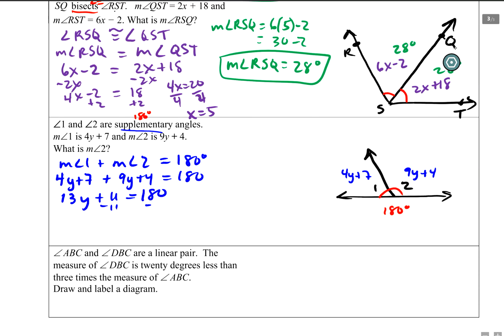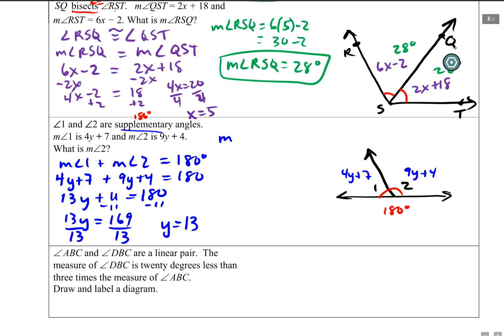Subtract 11: 13y equals 169. That's convenient, one of the few numbers divisible by 13. Y equals 13. And the measure of angle 2, how do I find that?